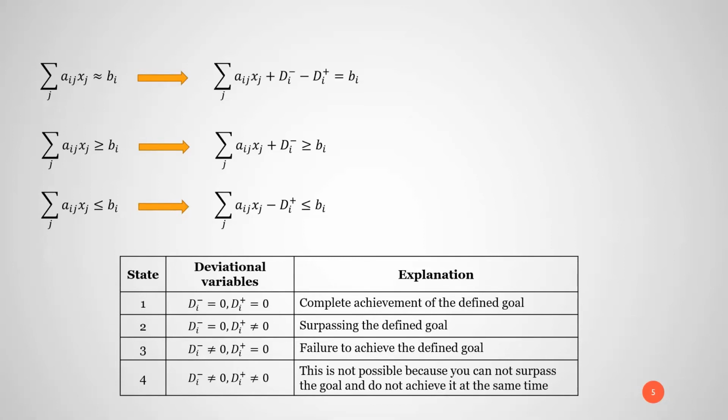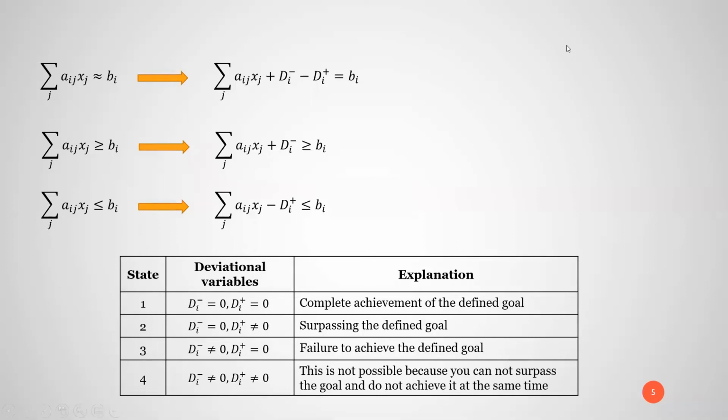On the other hand, if I achieve 1,200 instead of the preferred goal of 1,000, then I have an overachievement equal to 200, which is shown by a positive superscript.